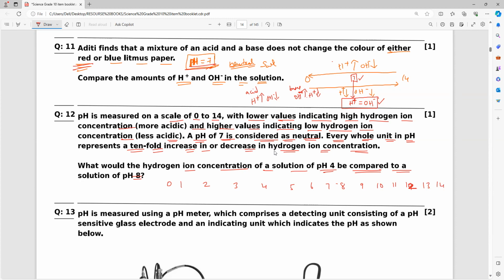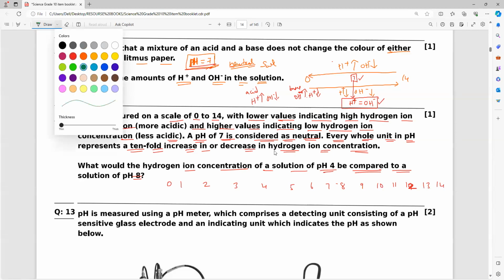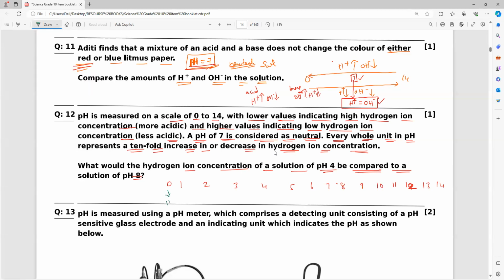Remember, H plus ions from the start have the maximum, because it is acidic in nature, and here is the minimum H plus ions. Do you understand the question, all of you? Please respond, guys.